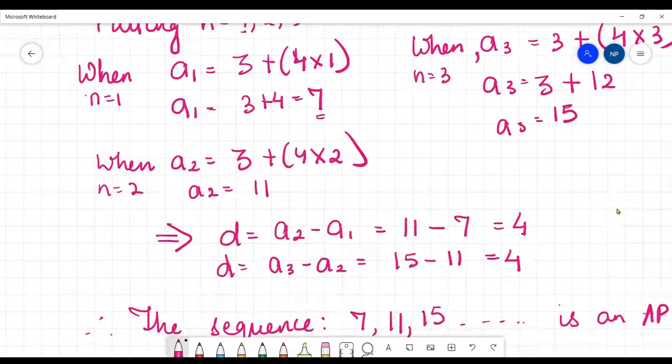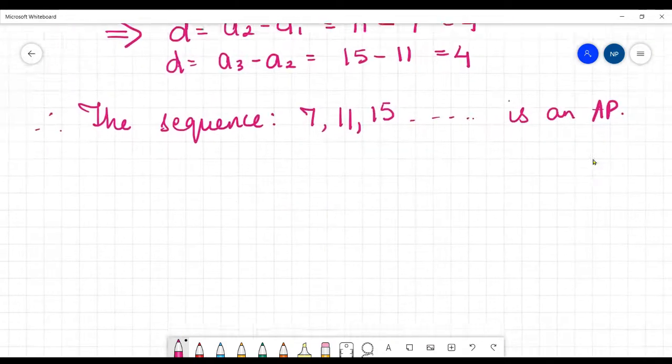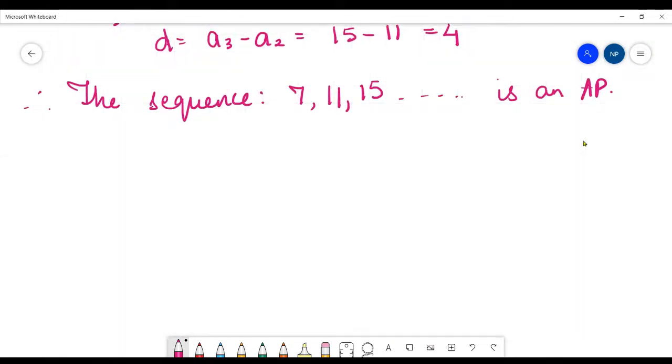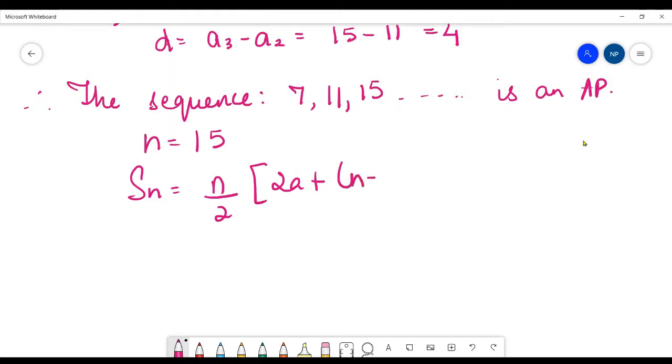Now they are asking us the second part of the question. If you see in the book, they are asking to also find the sum of the first 15 terms of an AP. So for 15 terms, Sn is equal to n by 2, 2a plus n minus 1 into d.